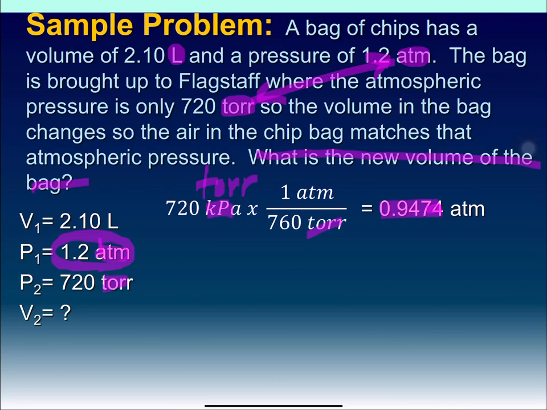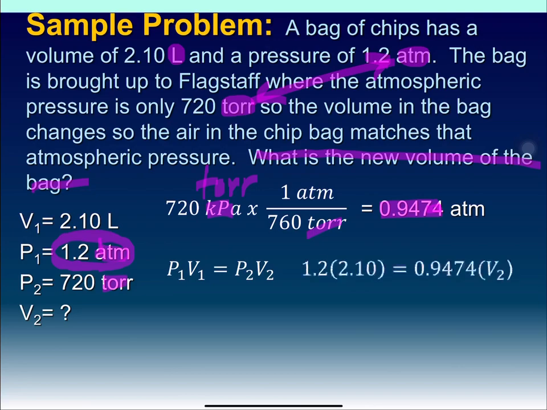Now I have 2 pressures in ATMs, and I can do my P1 V1 equals P2 V2. So we've got our initial pressure and volume, right? 1.2 times 2.1 equals our new pressure, to 2 extra sig figs, in ATMs, and now I'm going to do my math.